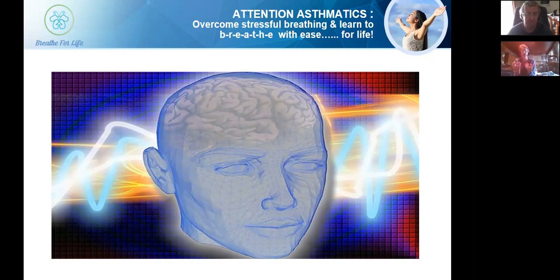And I remember half of me said, no, I can't train an asthmatic because they have got problems with their breathing. But the other half of me said, we all have a blueprint of how to breathe properly. What we've done, as Chinmoy just mentioned, is interfere with that path of good quality breathing.